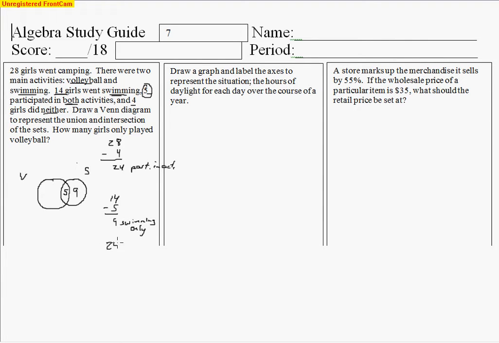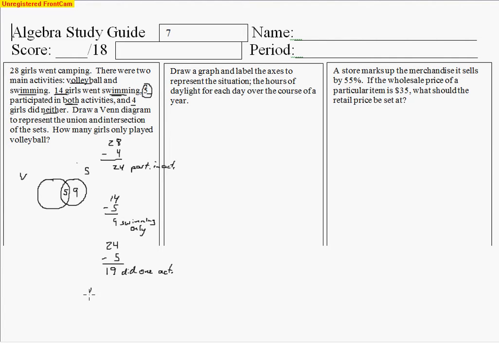So we're going to go back to that 24 who participated in an activity, or more than one, and subtract out the 5 who did both. So that means that 19 people did only one activity. Since there were 9 people who only did swimming, plus another number that did volleyball, that would sum to the 19.